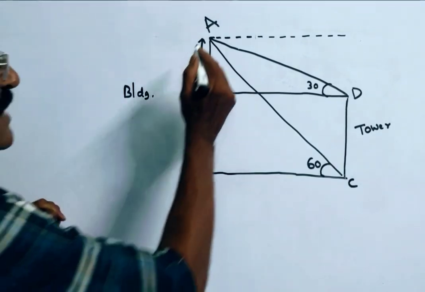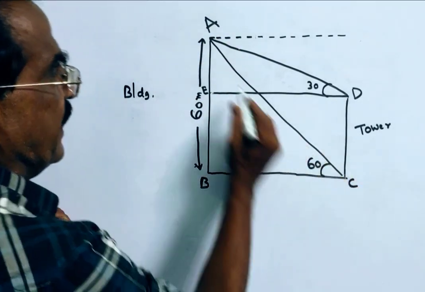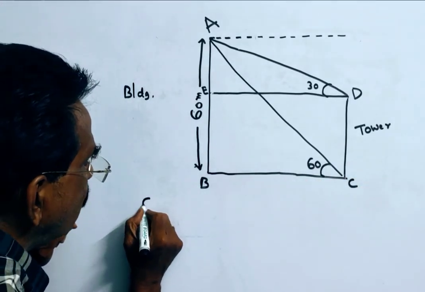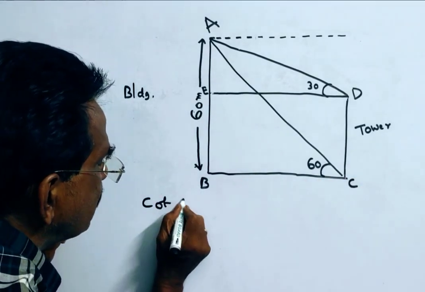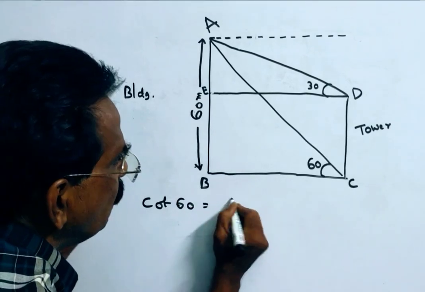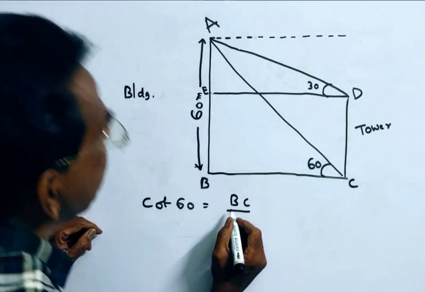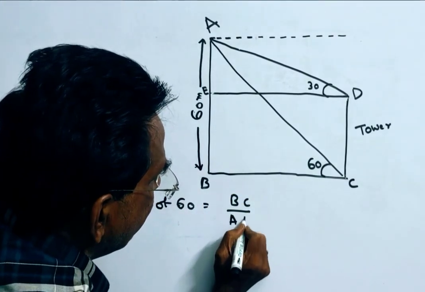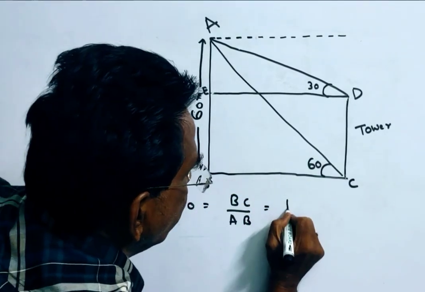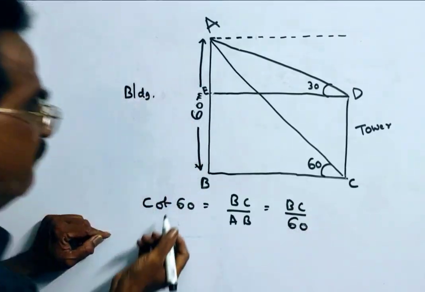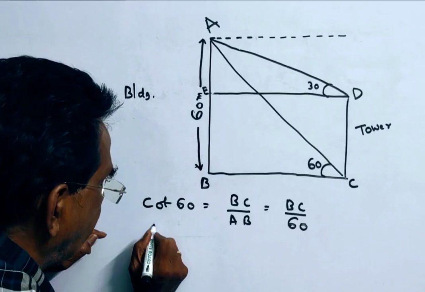Friends, let us consider triangle ABC. Here tan 60 is equal to BC, adjacent side by opposite side, AB. That is equal to BC by 60, AB is equal to 60. Friends, tan 60 is equal to root 3.